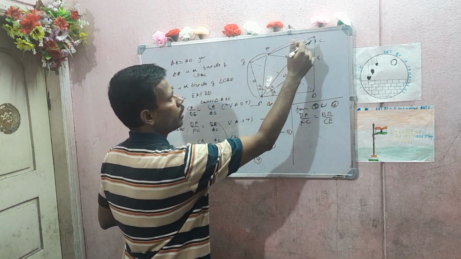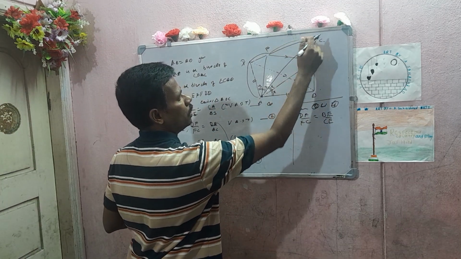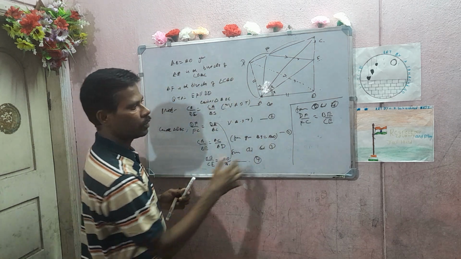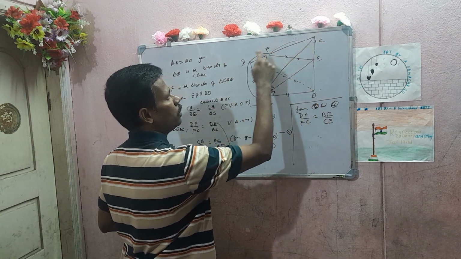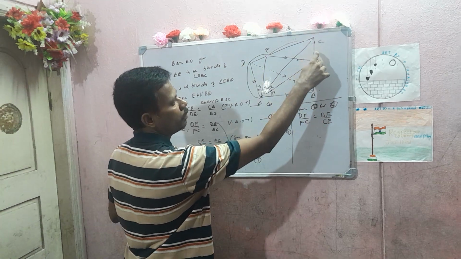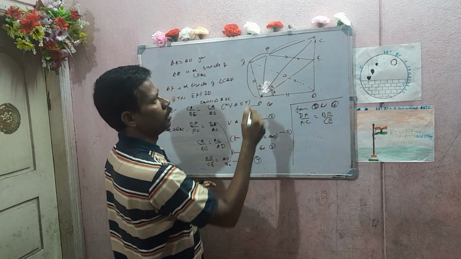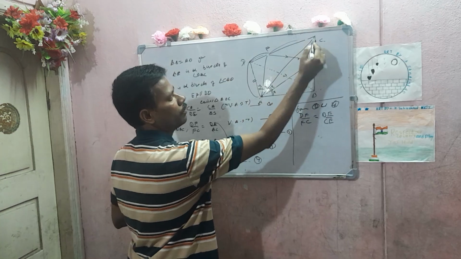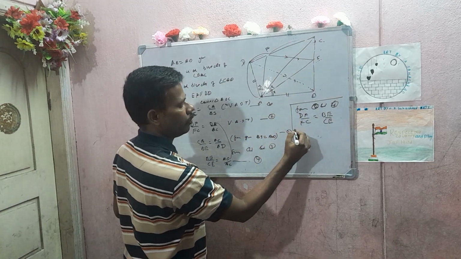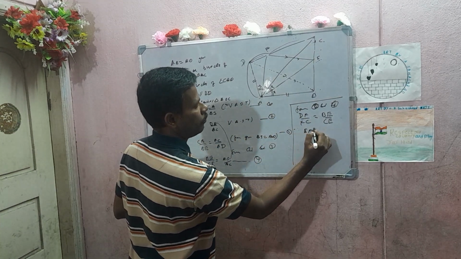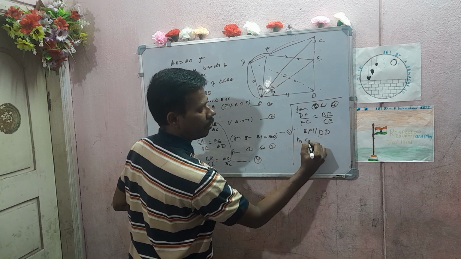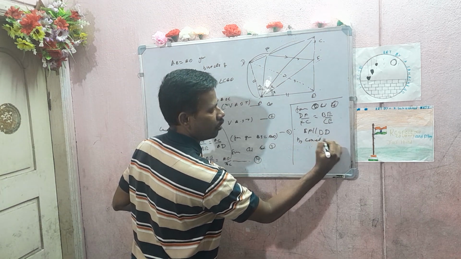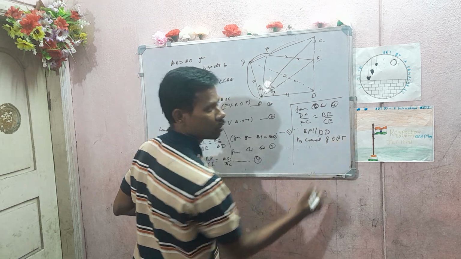Here it is DF by FC is equal to BE by CE. Therefore, EF is parallel to BD by converse of basic proportionality theorem.